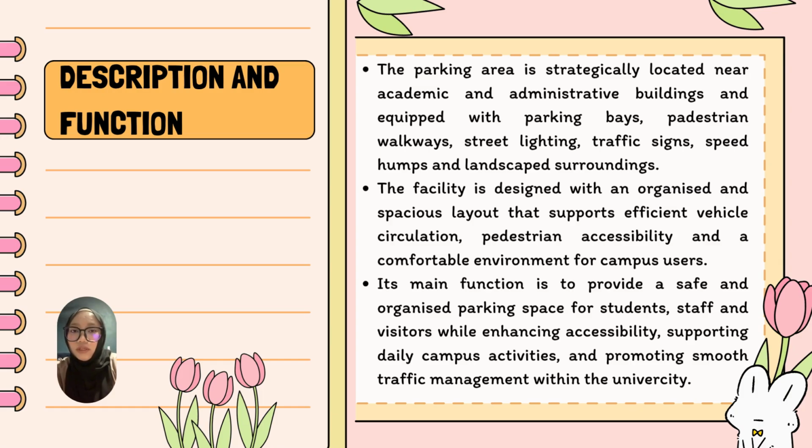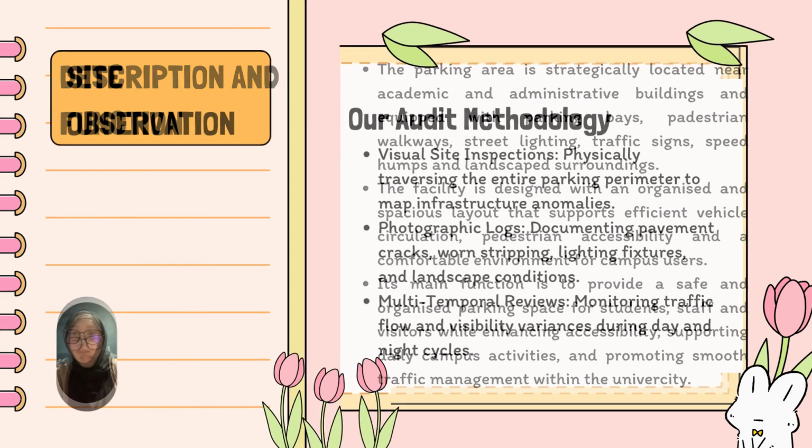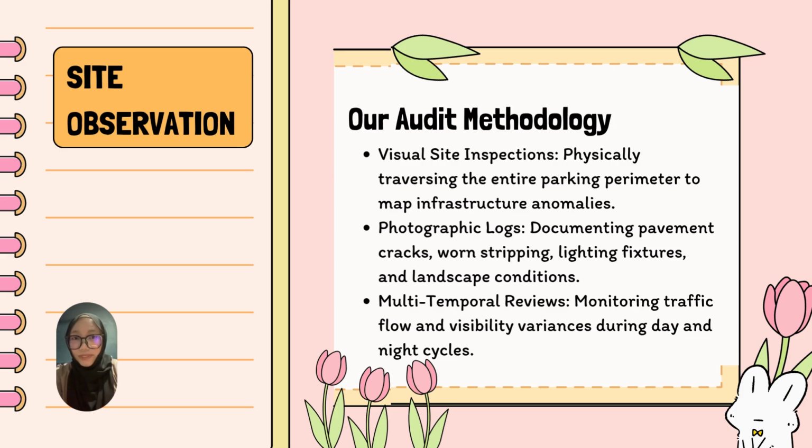The main function of this area is to provide a safe and organized parking space while supporting accessibility and daily campus operations. To conduct this assessment, we used several observation methods to obtain accurate information regarding the condition of the parking area.